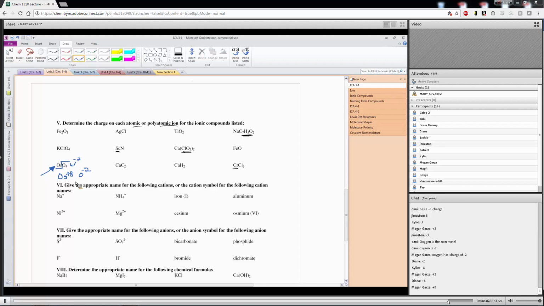Good. Let's try this guy here. Ca(ClO3)2. What do we know? What's the cation? What's the anion?